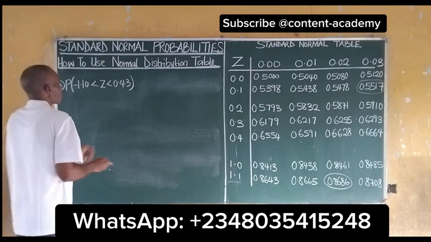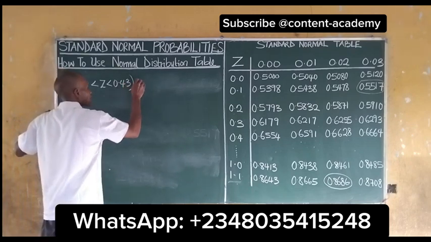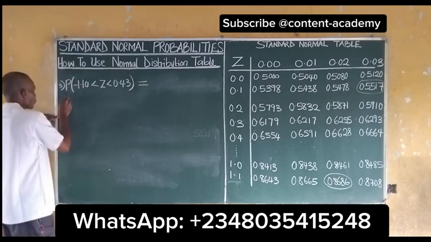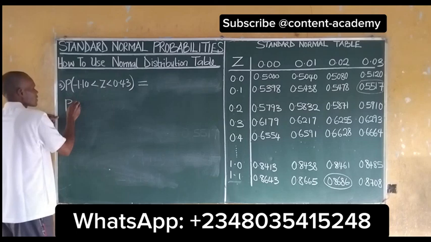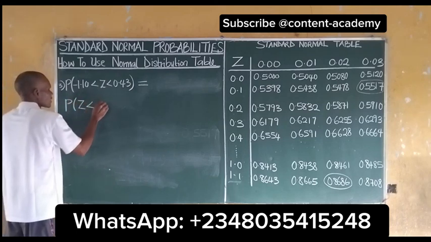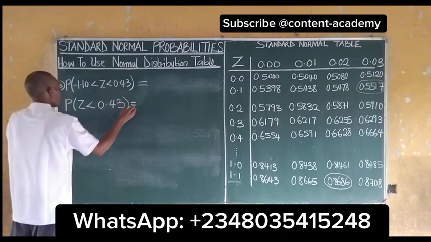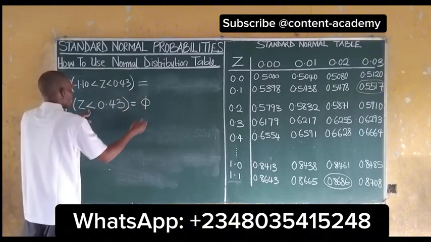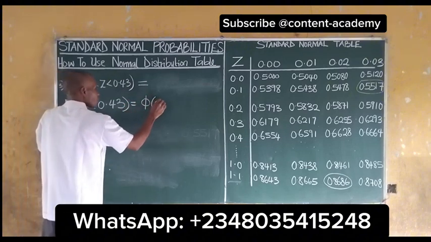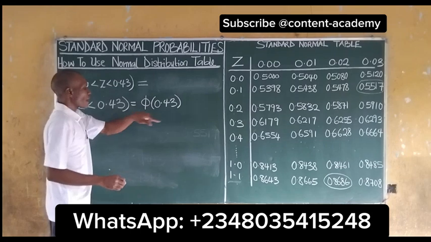So we can find the value of what we have here. The first thing to do is to determine the probability of z is less than 0.43, which is just our normal curve, then 0.43. So we'll have to look for this from our table.